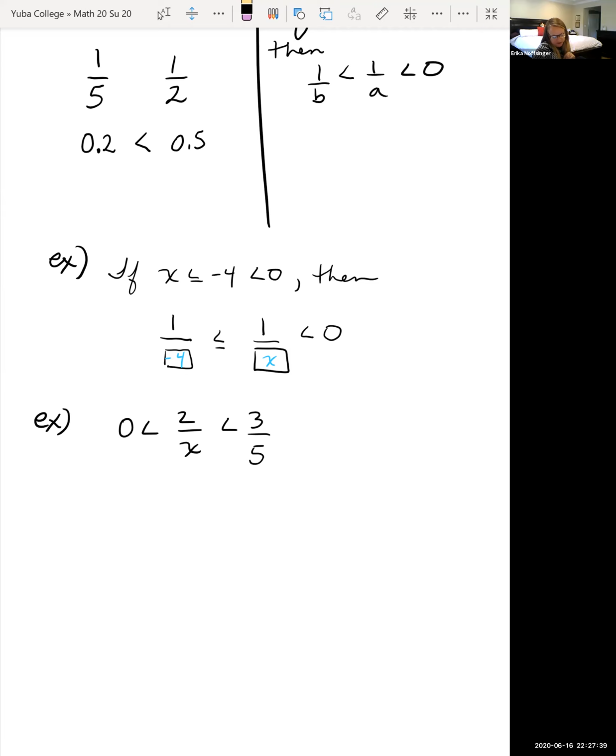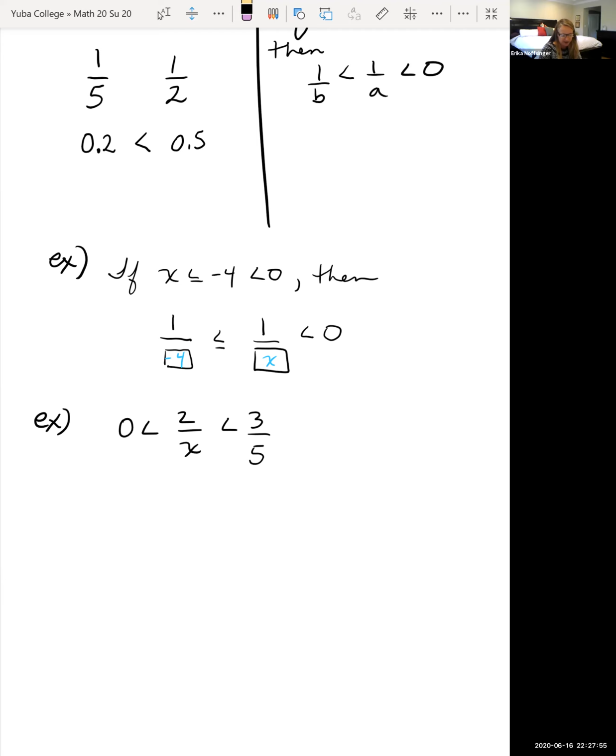There's multiple ways that we can do this. We can split this up as multiple inequalities, and because it's a compound inequality, it's an and statement. So it's like an intersection.